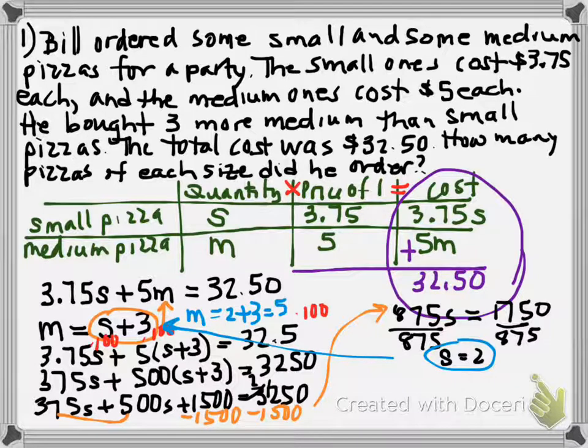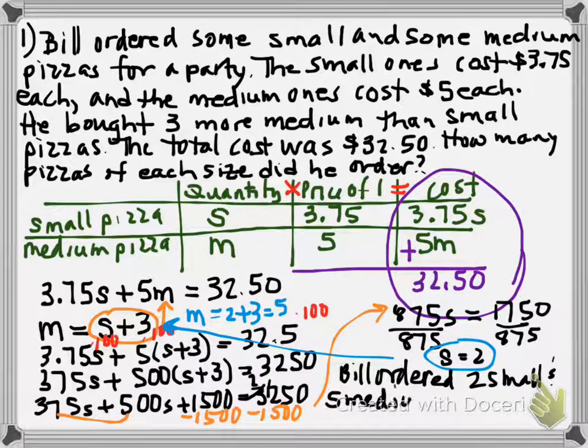So my final answer is Bill ordered 2 small and 5 medium pizzas for his party. Now I can always check this by figuring out, well, if medium is 5 and I bought 5 of them, how much money is that? $25.